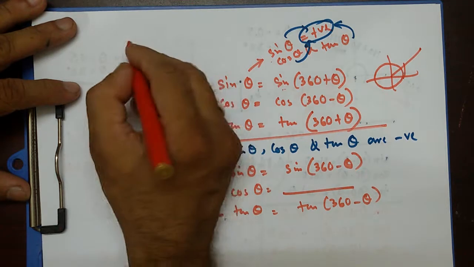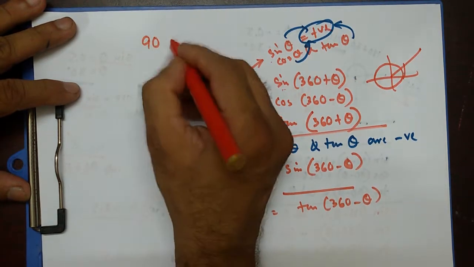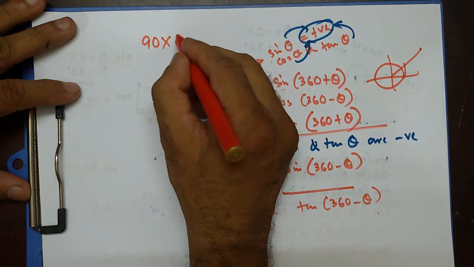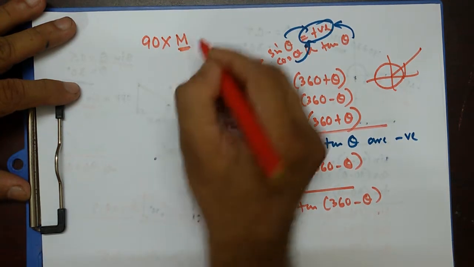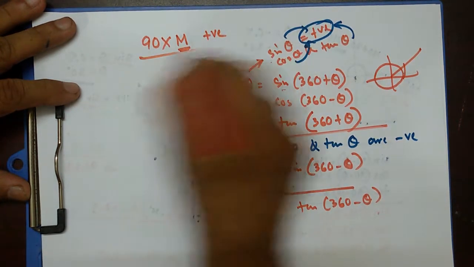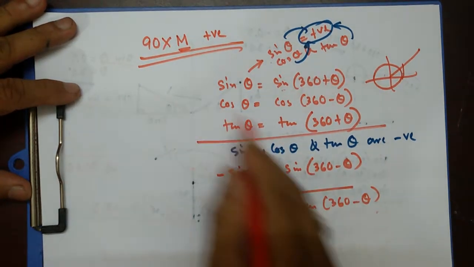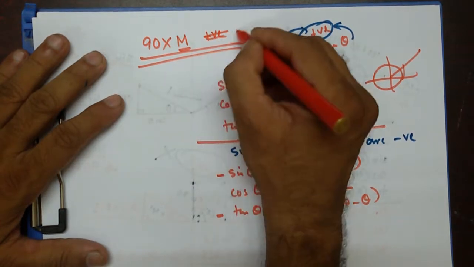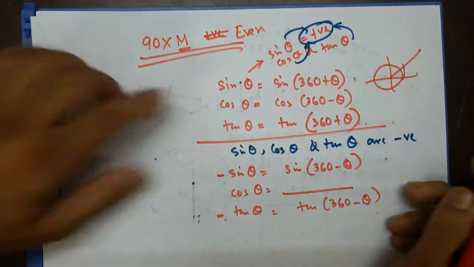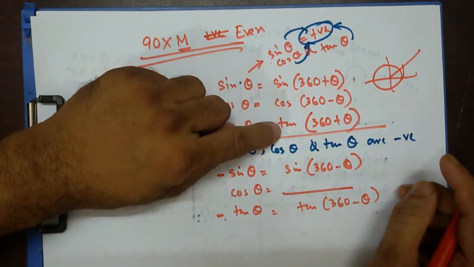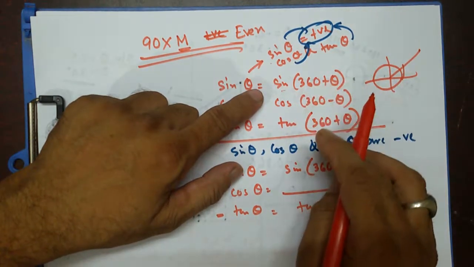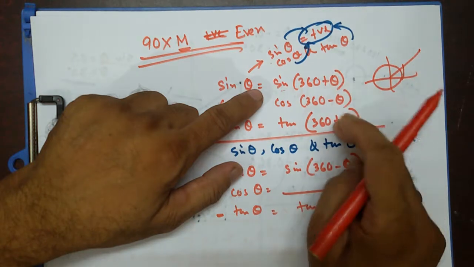So whenever you have any 90-degree angle times some value m, if m is even, then sine remains sine, cos remains cos, tan remains tan, but be careful with the sign, because it depends on which quadrant they fall into, first, second, third or fourth.